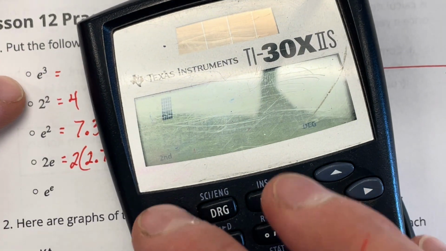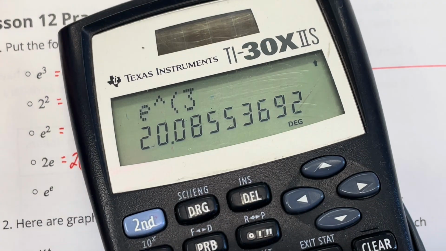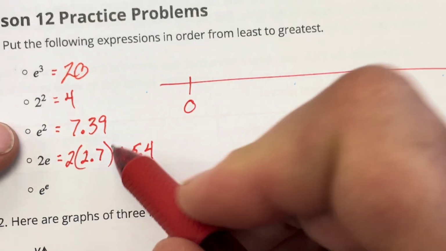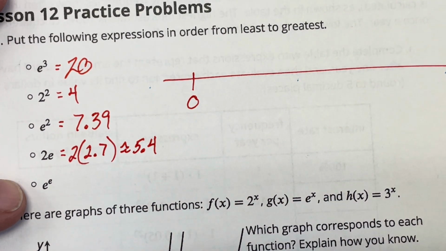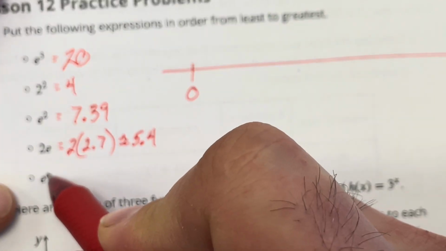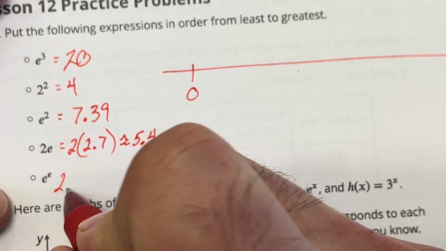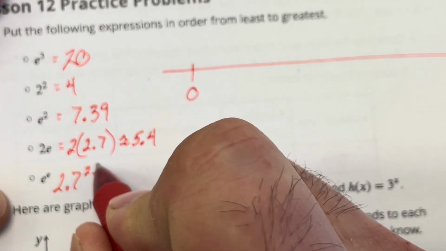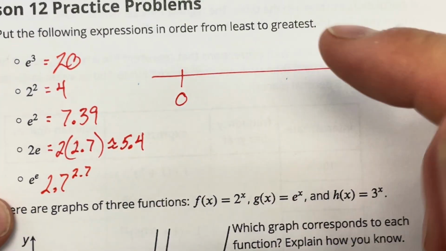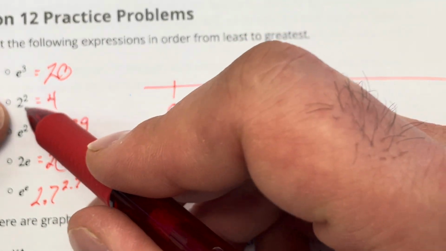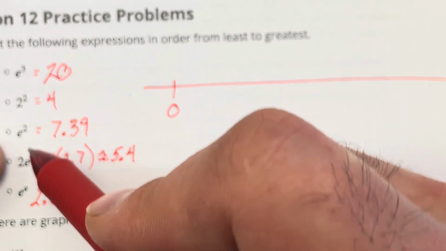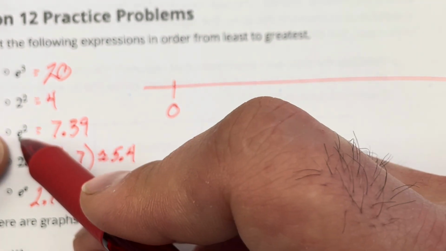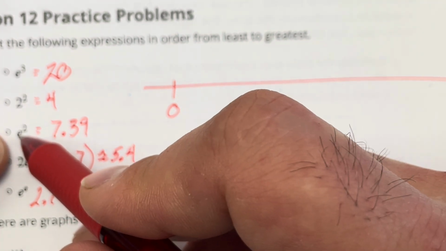And if we do e to the third power, we get 20.08, so something bigger. We know that one's bigger than this one. And e to the e power, well, that's like 2.7 to like the 2.7 power. We're supposed to be able to kind of estimate these and know that if we were to take 2 and square it, that it's going to be smaller than e squared, because e is 2.7.